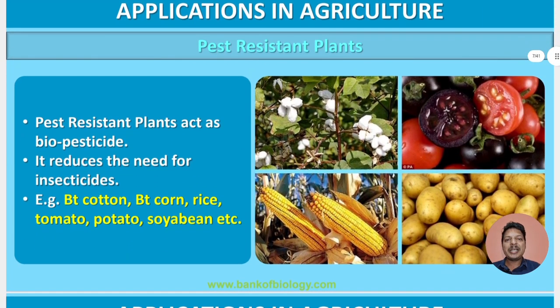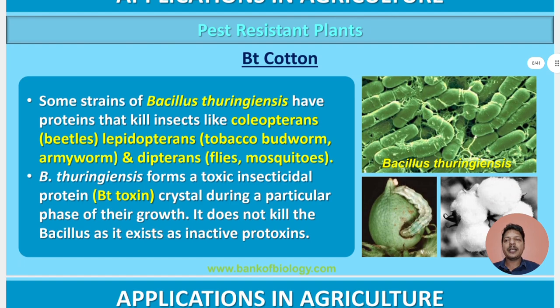Next is pest resistant plants. Pest resistant plants act as biopesticides. It reduces the need for insecticides. Examples: Bt cotton, Bt corn, rice, tomato, potato, soybean, etc. Coming to Bt cotton, some strains of Bacillus thuringiensis have proteins that kill insects like coleopterans, that is beetles, lepidopterans, that is tobacco budworm or armyworm, and dipterans, that is flies and mosquitoes.